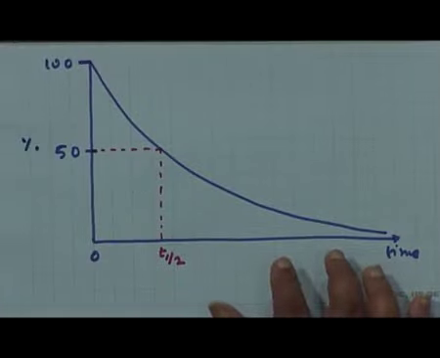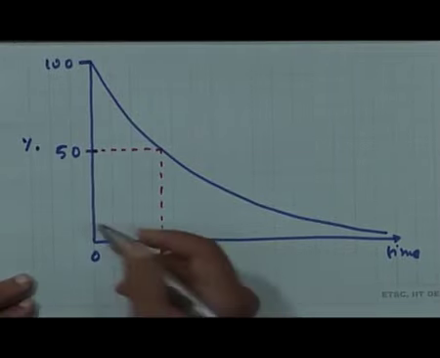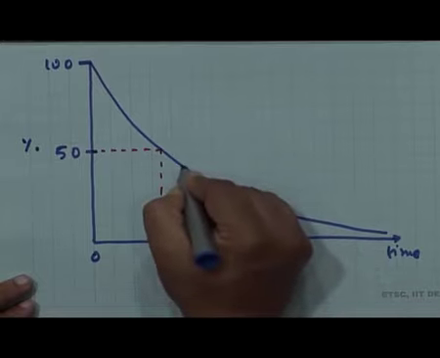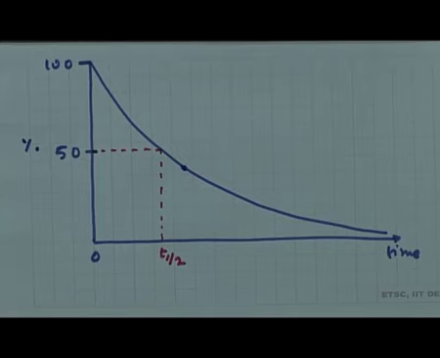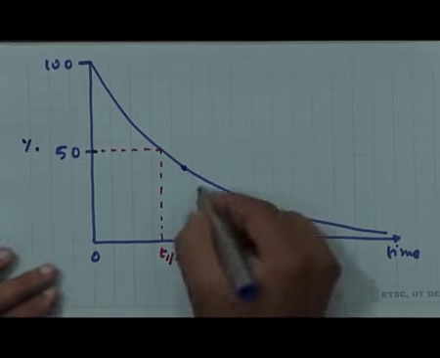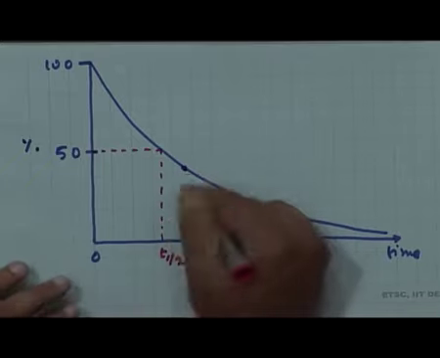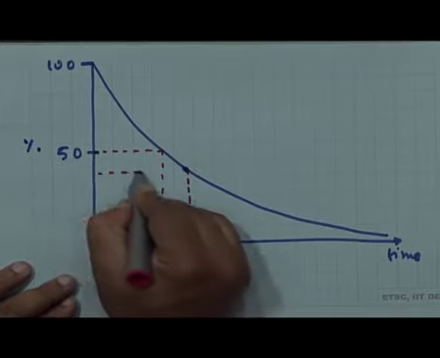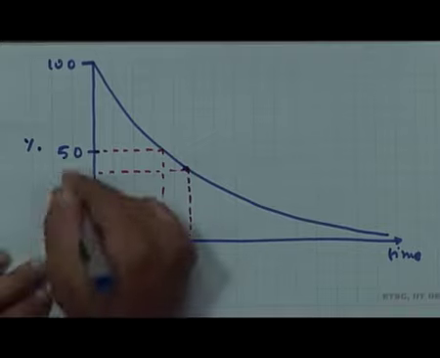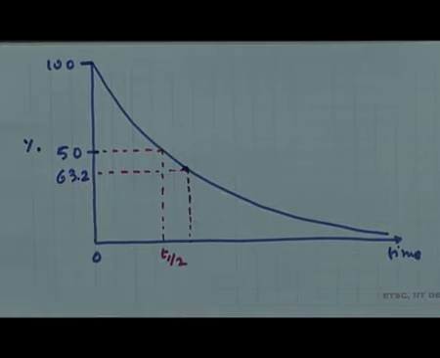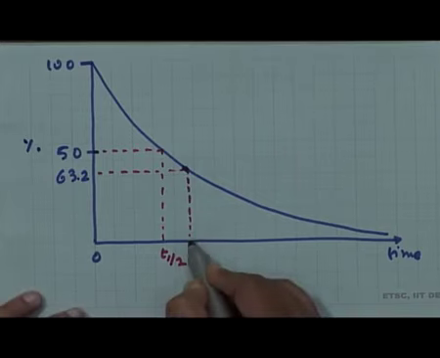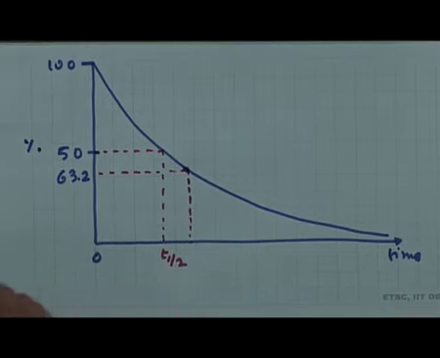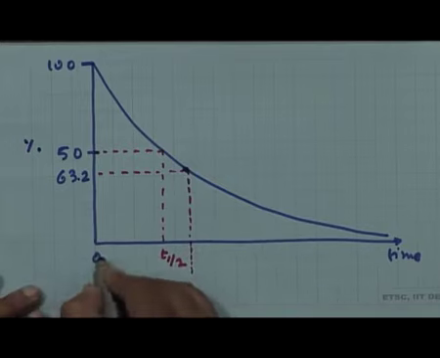So, if I say that this is about 63.2%, then this T on this axis would be referred to as tau.